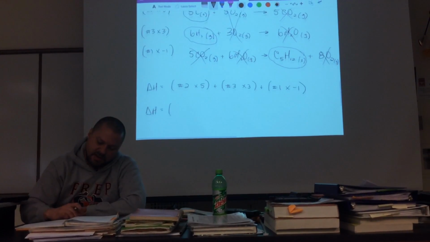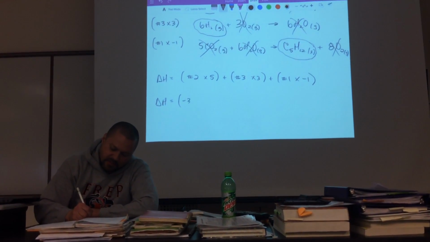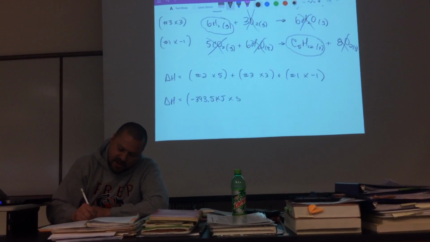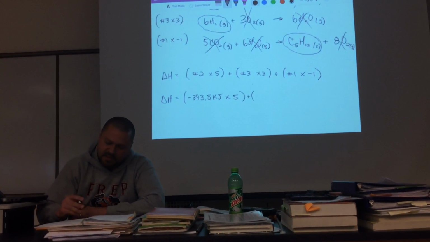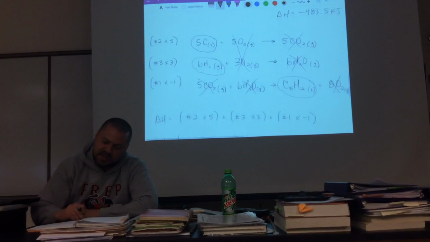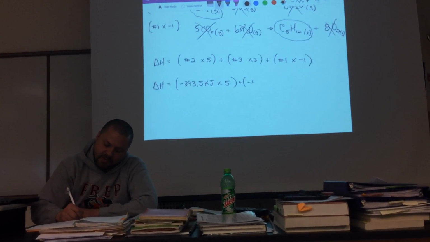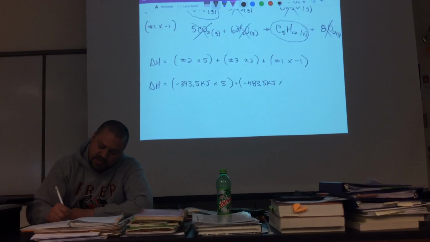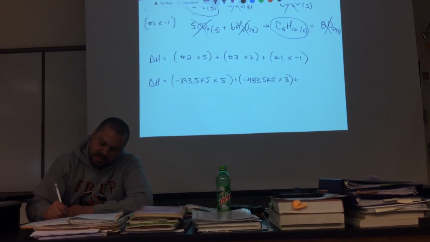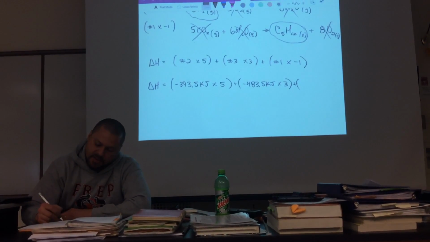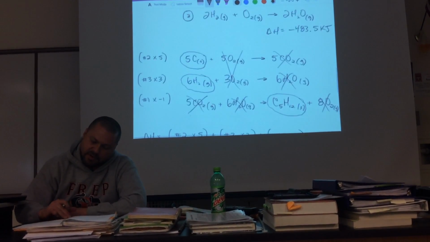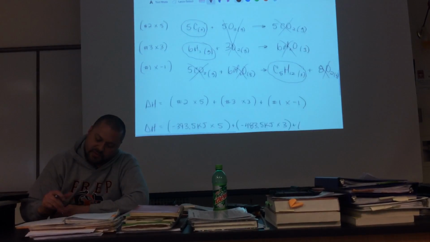That was -393.5 kilojoules times 5 plus number 3 was -483.5 kilojoules times 3 plus number 1, which was a bigger number. Number 1 was -3244.8.